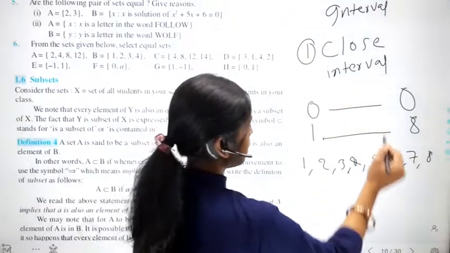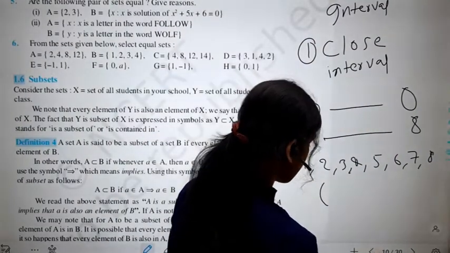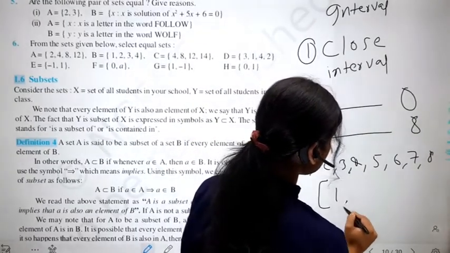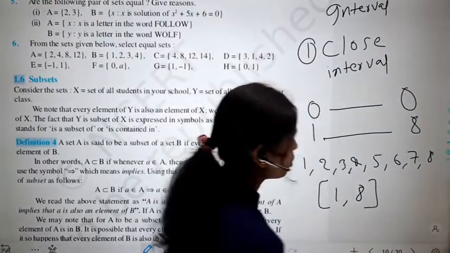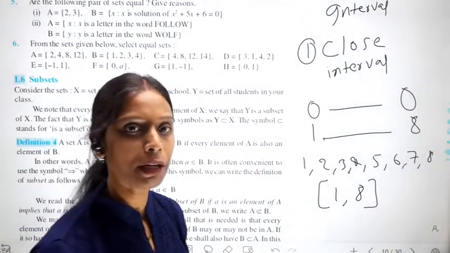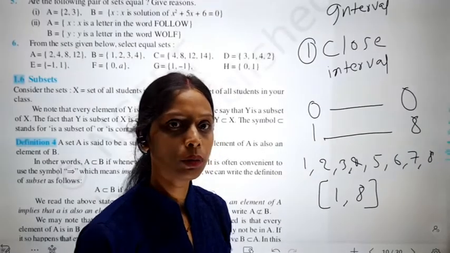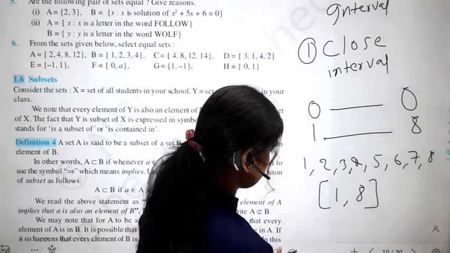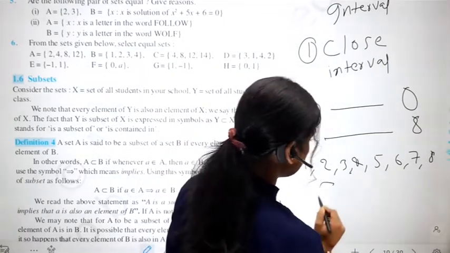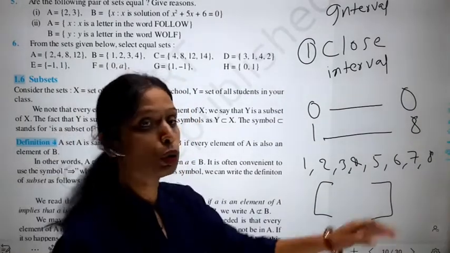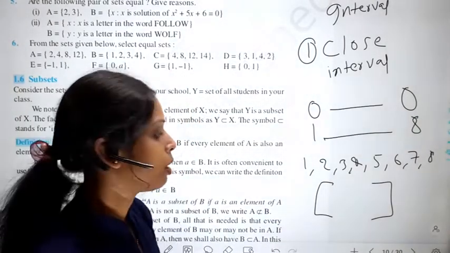Then we can see in another way that this one is a closed interval. Closed interval is also represented by a big bracket. Okay? Then this bracket represents a closed interval.